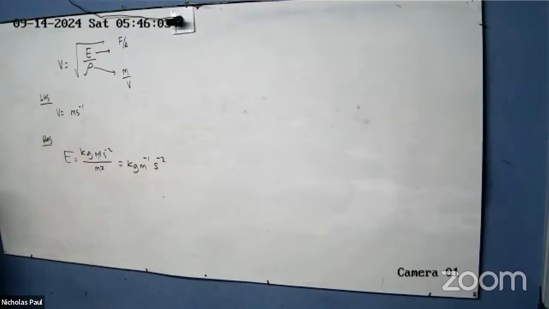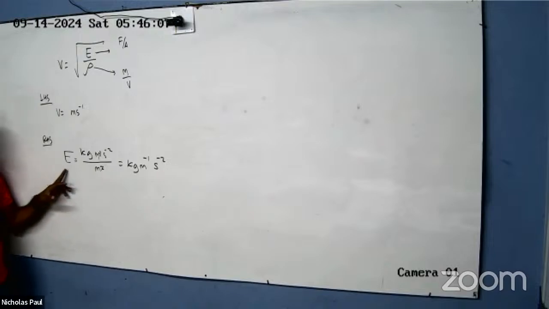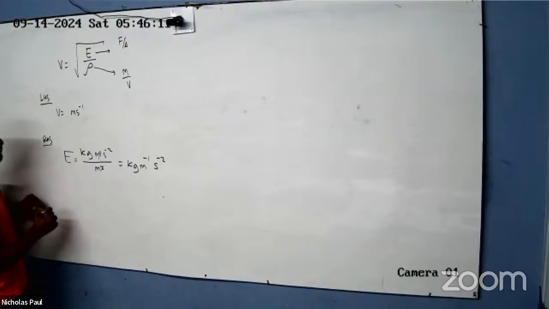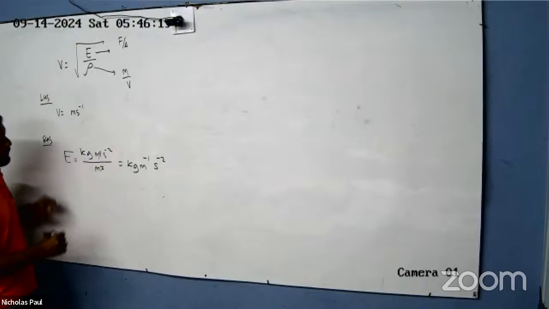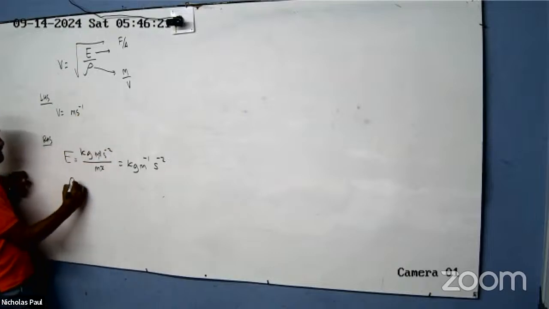That's okay? Build it up for E. That's how we have the pressure. Same thing. And now we know what density is.